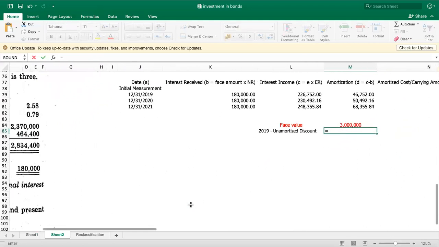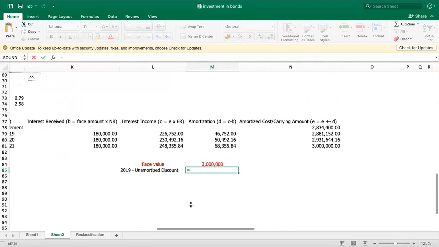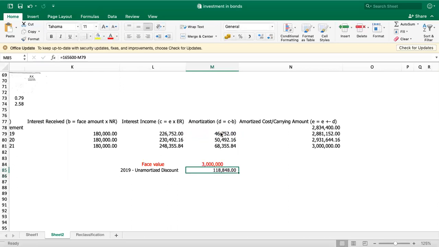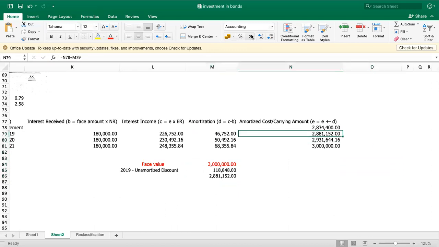So that is 165,600 minus itong amortization for 2019. Ito yung balance mo. Diba? This is the balance of your unamortized discount. Therefore, the carrying amount on 2019, since discount, minus natin. Diba? Same, 2881. So, either way, diba? Same lang yung answer. Okay, 2881,152.